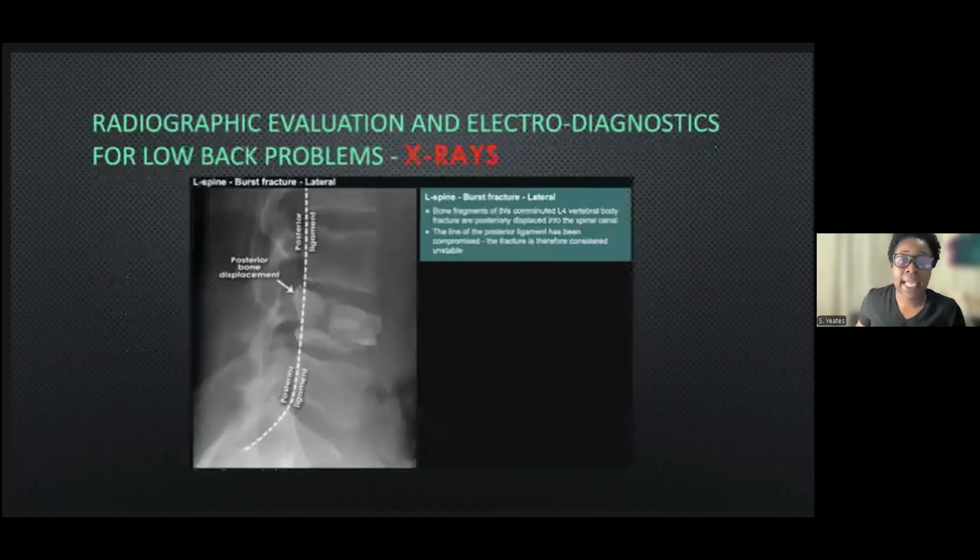Now, X-rays are really good at showing congenital abnormalities of uncertain significance, particularly spina bifida occulta, and they show some evidence of degenerative changes, including osteophytes.